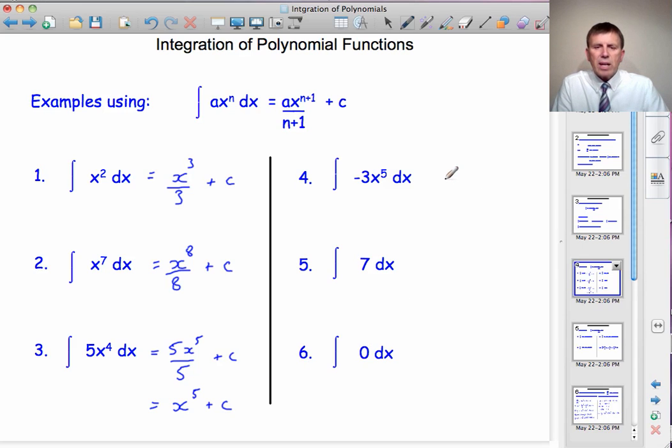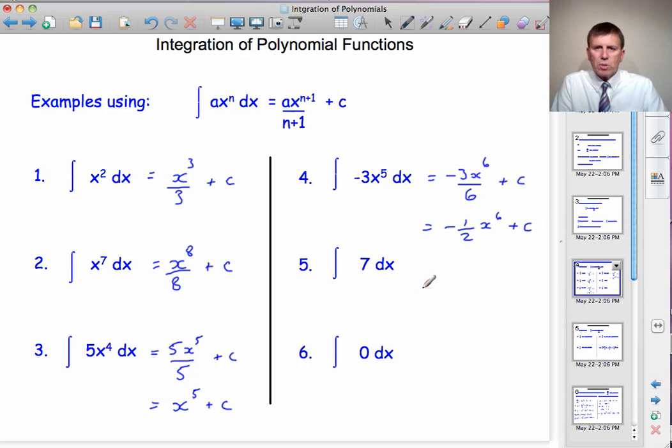Integrate minus 3x to the power 5 with respect to x. Well, that gives us minus 3x to the power 6, 1 more than 5, divided by the new power, plus a constant. And we can cancel that 3 over 6 into a half, so that will be minus 1/2 x to the power 6 plus c.